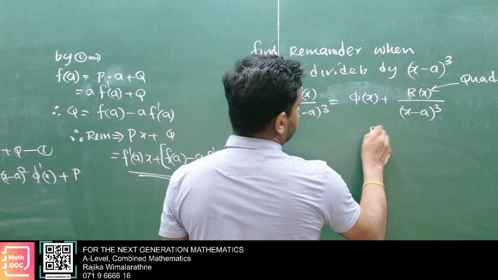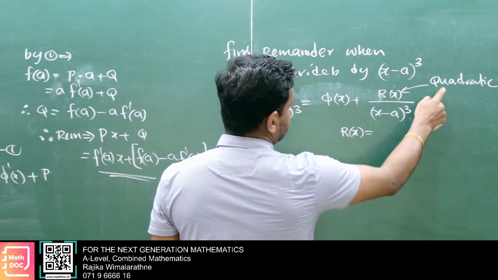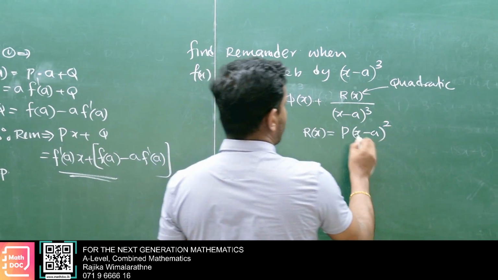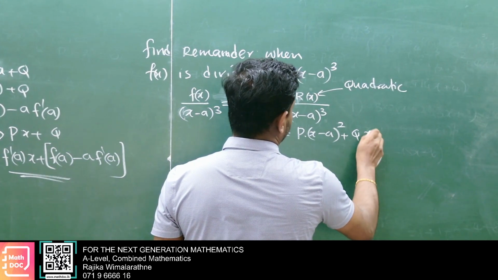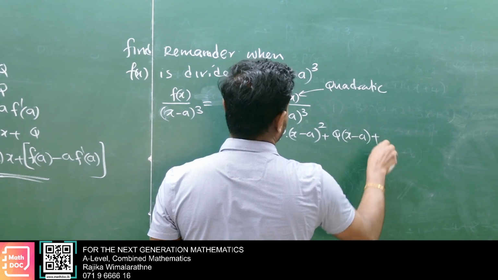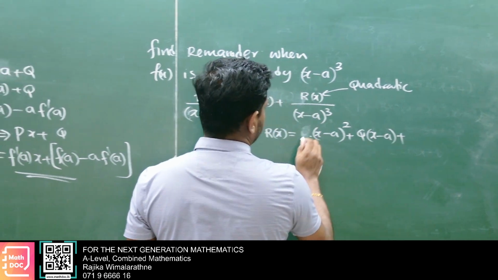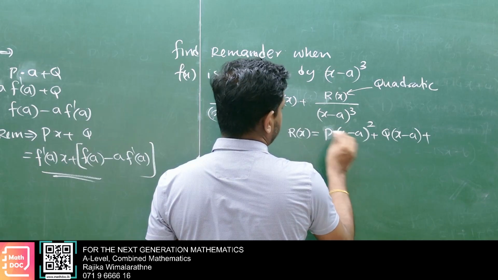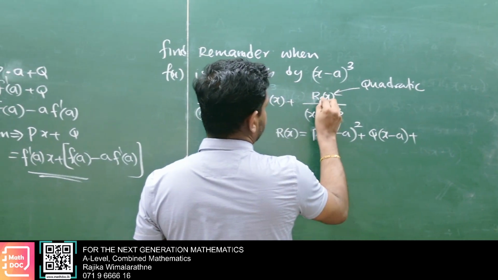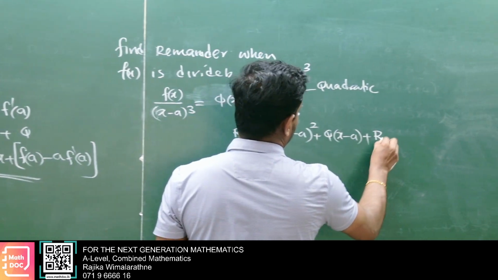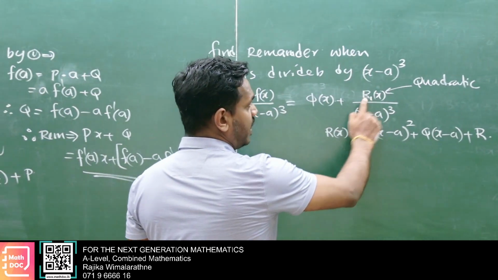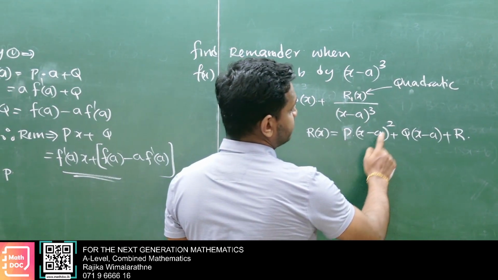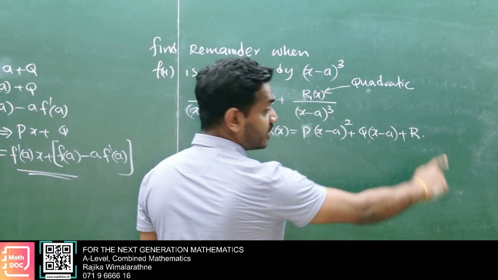Then you better write r(x) as p times x minus a squared plus q times x minus a plus r, where p, q, r are constants and r1(x) is quadratic. Now you better get the format p times x minus a squared plus q times x minus a plus r.